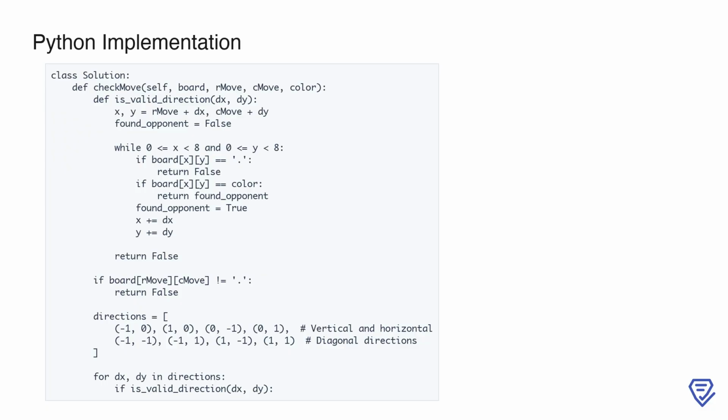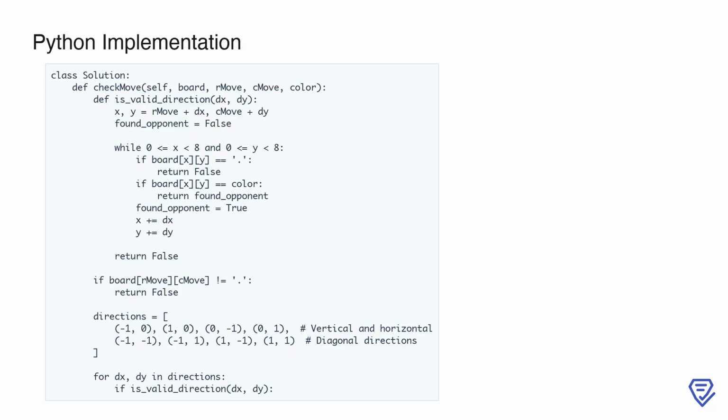This helper takes 2 arguments, dx and dy, representing the direction of movement in terms of row and column offsets. The helper function starts by calculating the next position using rMove plus dx and cMove plus dy. It also initializes a flag, found_opponent, to track whether an opponent's piece is encountered.